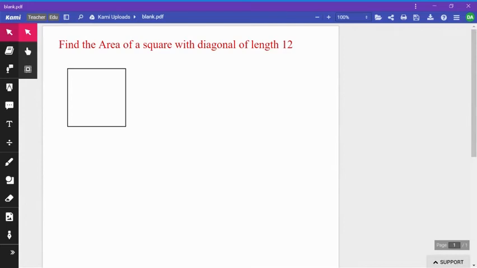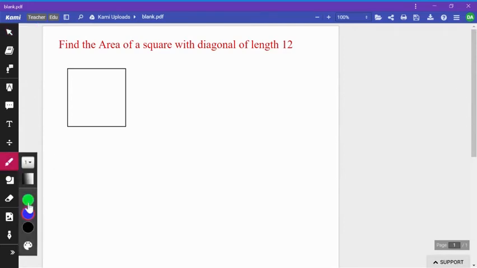Now let's do an example in which we find the area of a square given the diagonal of length 12. So let's draw on that diagonal, and I know that diagonal is going to be 12. By what we just talked about, the diagonals in a square are perpendicular, they bisect each other, and they're congruent.